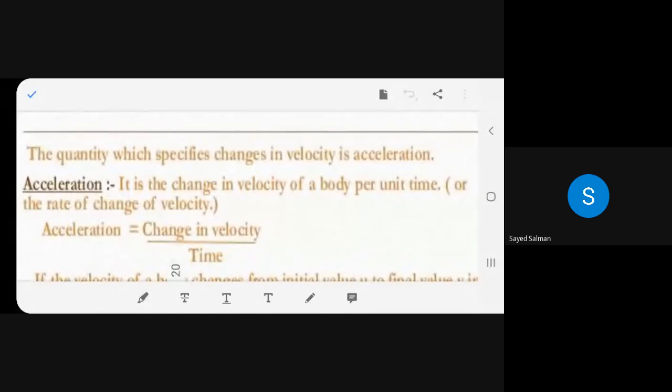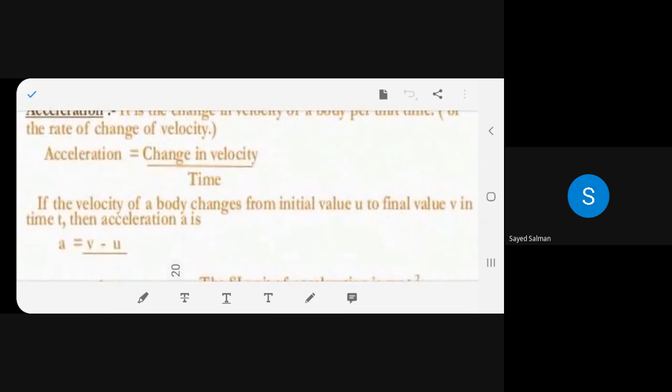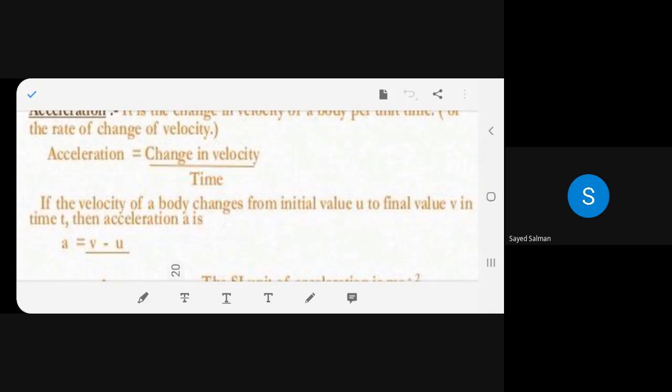Always. Everything has time as the reference. So change in velocity per unit time is acceleration. How do we give the formula of acceleration? Change in velocity upon time.